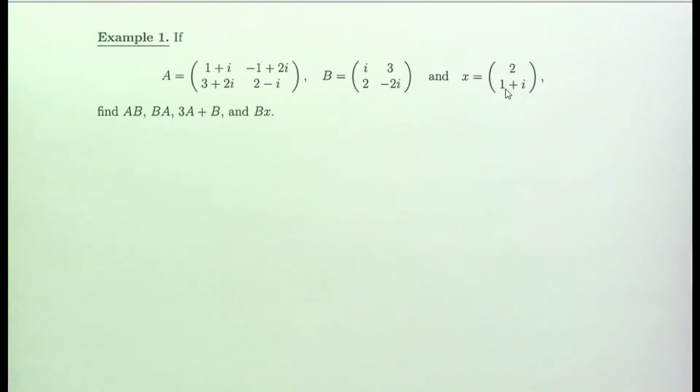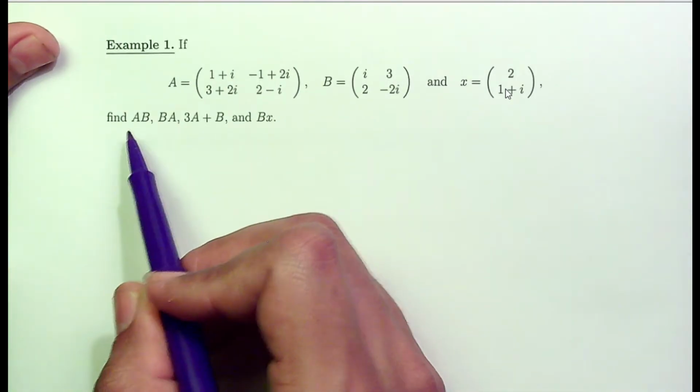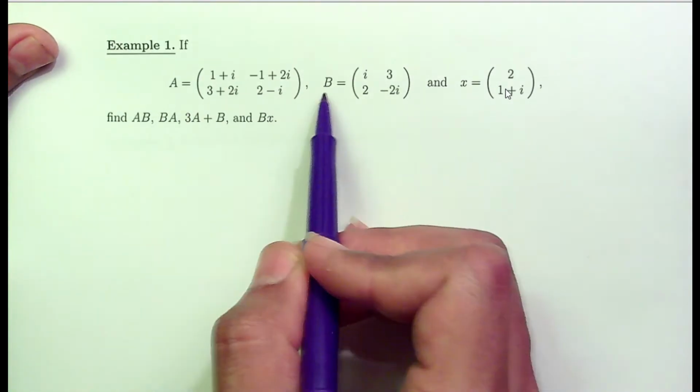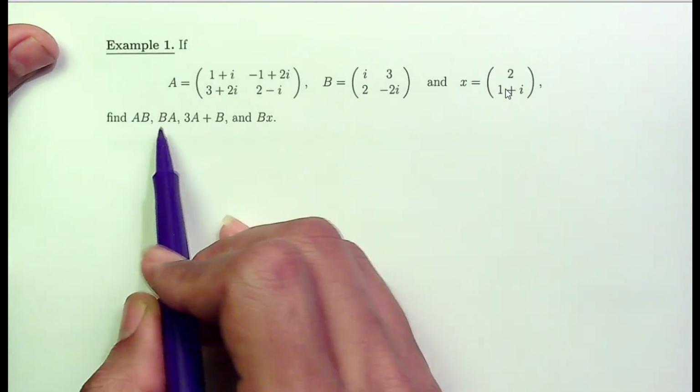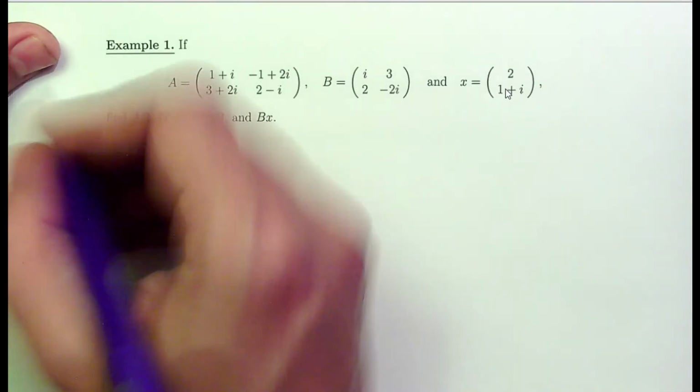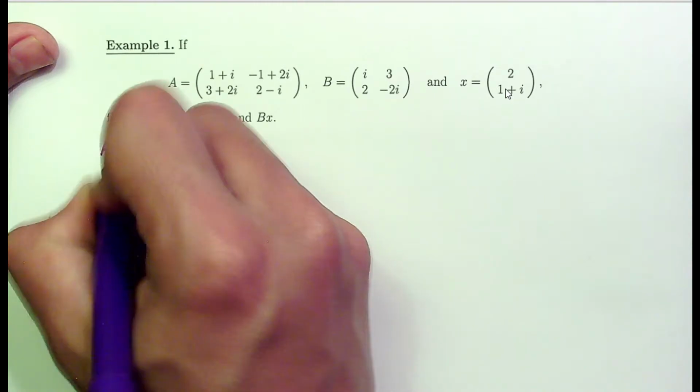Okay, now let's do an example where we do all these operations. So this is A, this is B, that is X. We're gonna find AB, BA, 3A plus B, and BX. So let's start by computing AB.